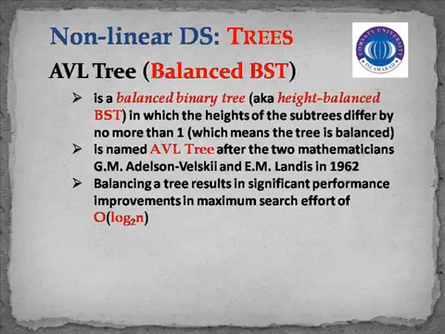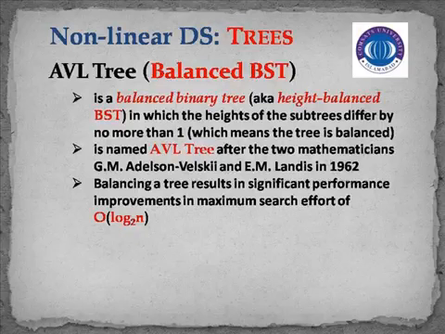Dear students, an AVL tree is a balanced binary tree, also known as height balanced binary search tree, in which the heights of the subtrees differ by no more than 1, which means the tree is balanced.